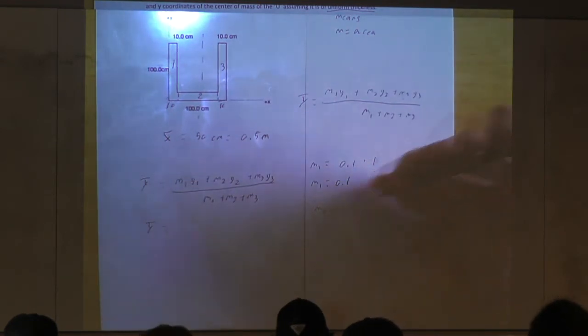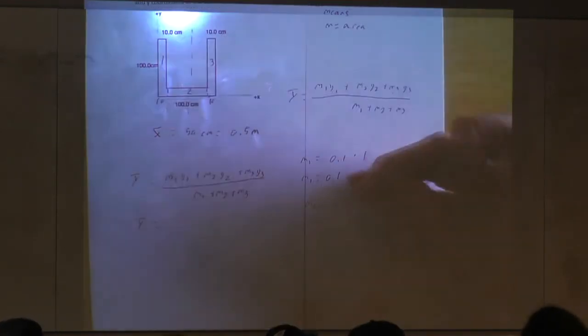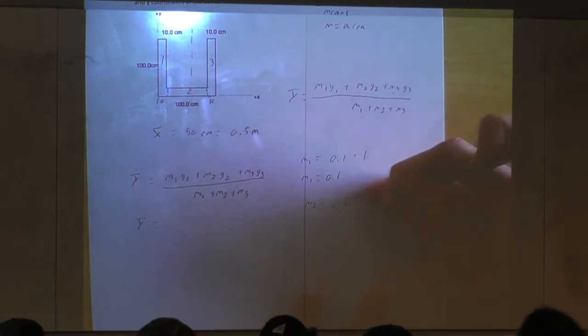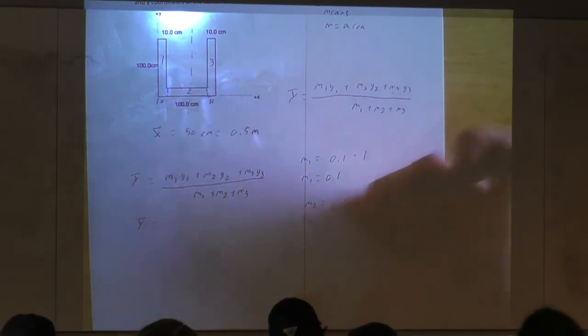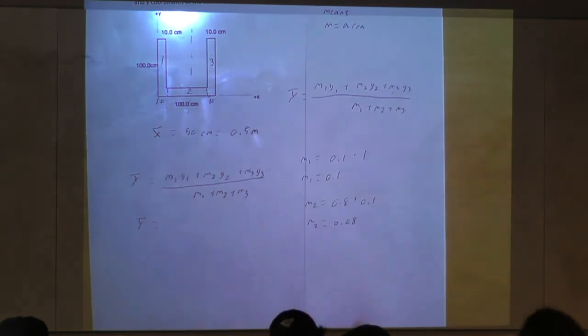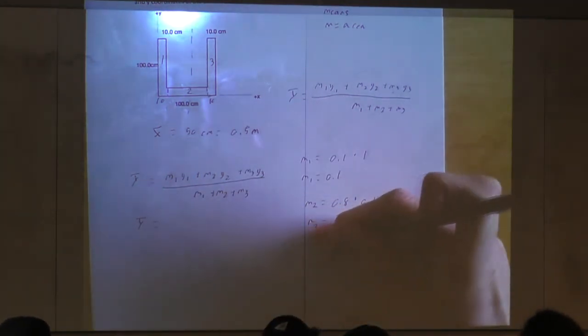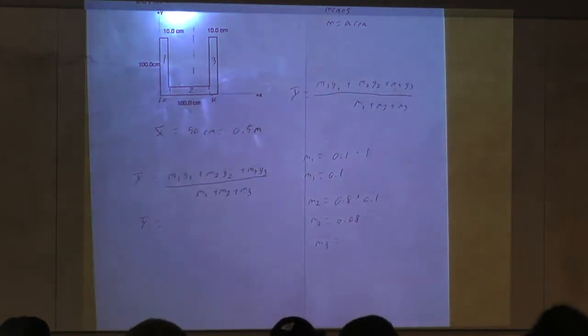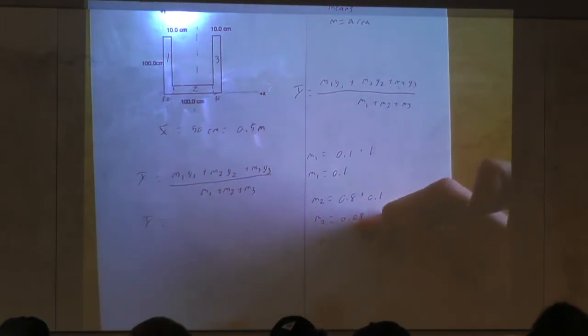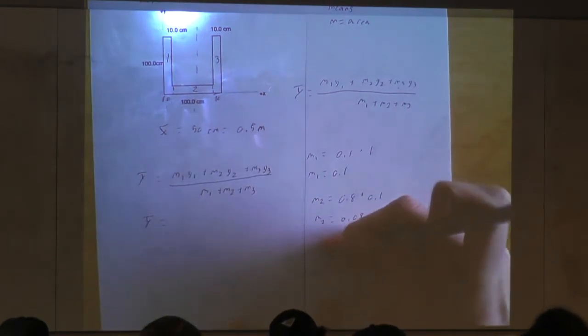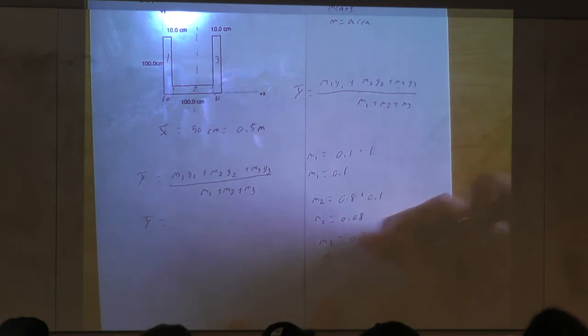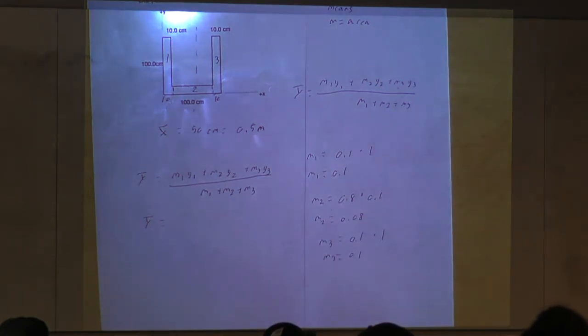So 0.8. And then M3 is just literally the exact same thing as the first one. So there's all our masses. That's basically half the problem, or half the work we have here.